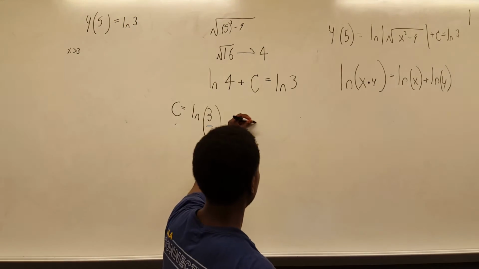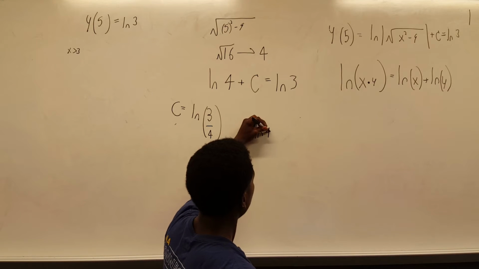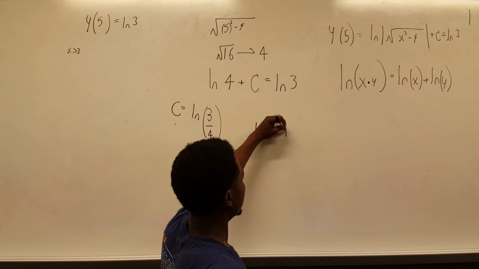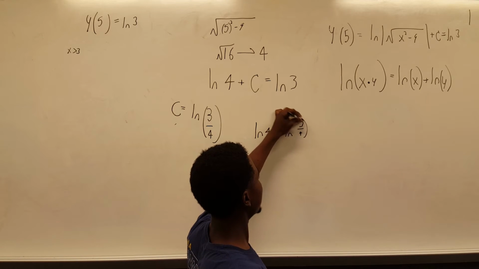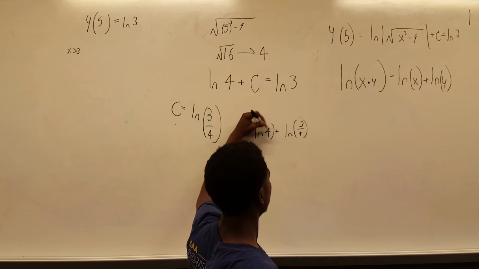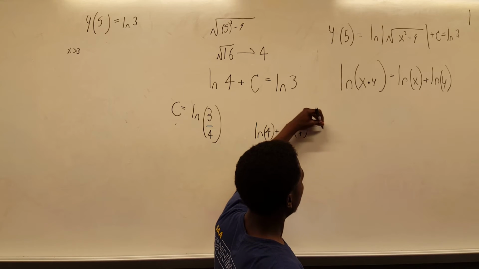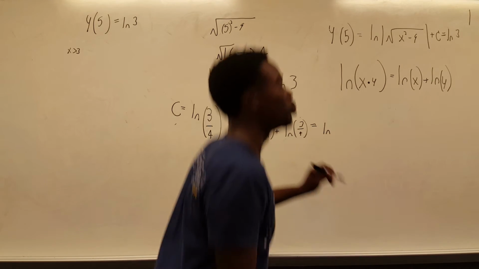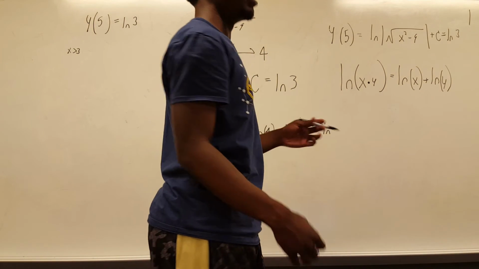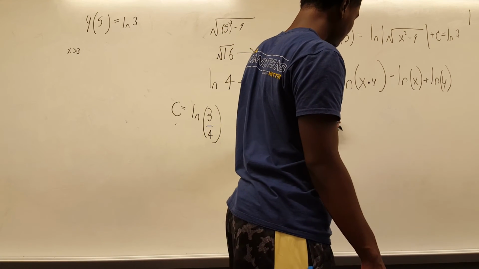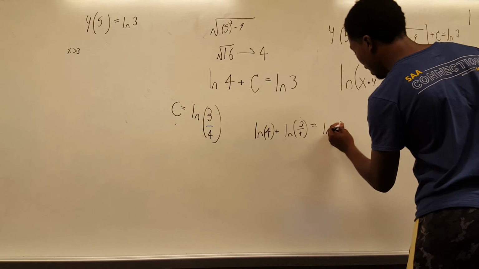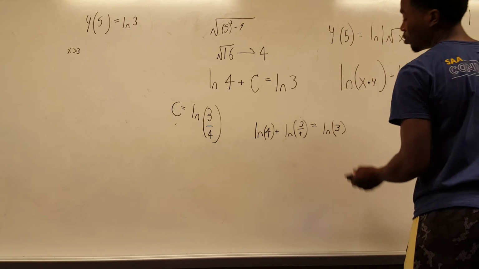So we have the natural log of 4 plus the natural log of 3 over 4. And this plus means that we're actually multiplying the two numbers, so it's equal to the natural log of the two inner numbers multiplied by each other. And 3 over 4 multiplied by 4 is equal to 3. That's actually the answer we were looking for.